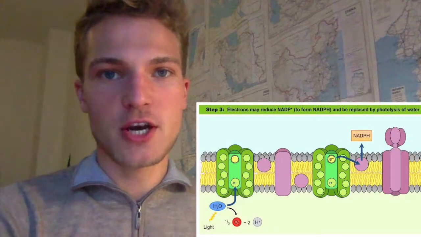And now we're getting to our photosystem 1, because we pass down the energized electrons from photosystem 2 down the electron transport chain in order to carry out photophosphorylation. And now the de-energized electrons are in photosystem 1. Photosystem 1 has pigments that absorb light at a different wavelength. And so now we can re-energize the electrons using light energy again in order to carry out one further step. And this last step is a reduction reaction.